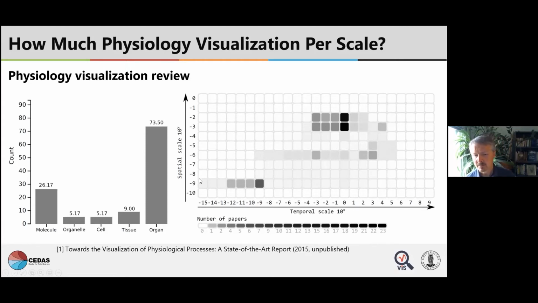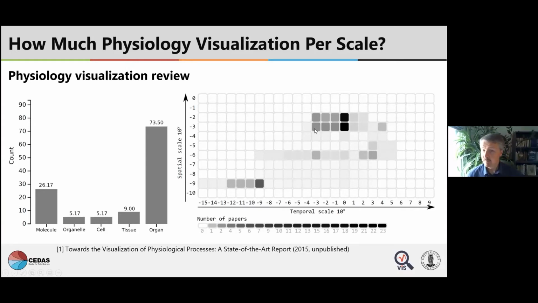So if we here have this kind of 2D histogram of visualization publications that we found mapped out across temporal scales on X and spatial scales on Y, you can see, if you want to, that most works are found somewhere here on the main diagonal that signifies a relation between temporal and spatial scales.